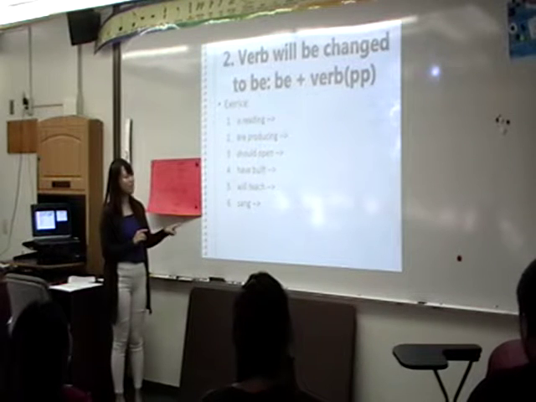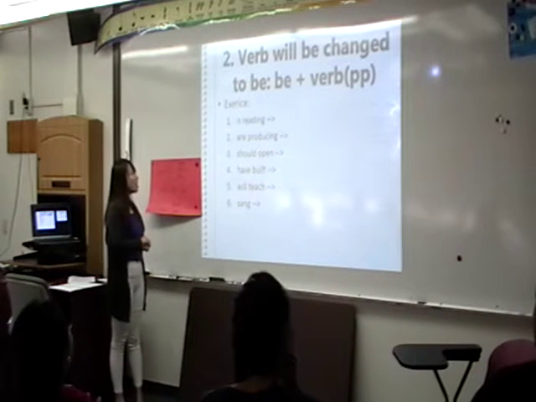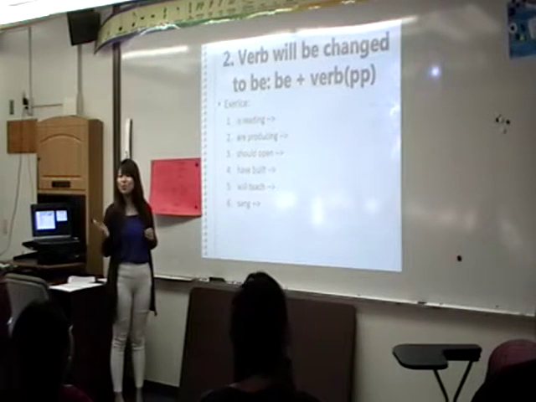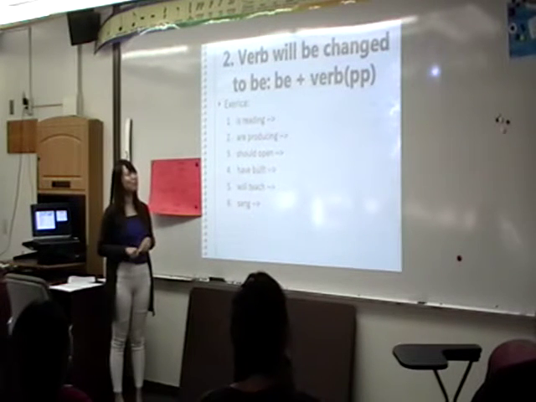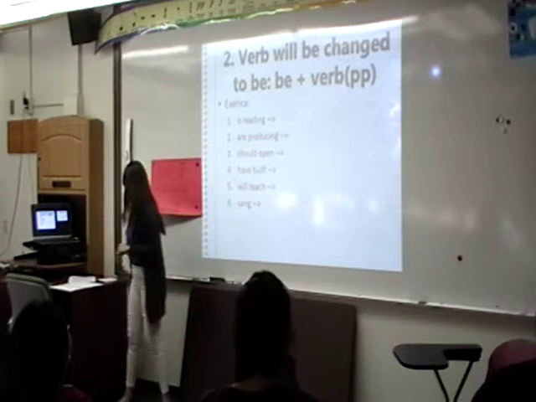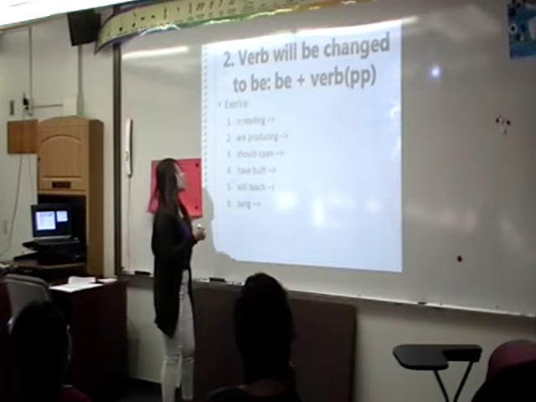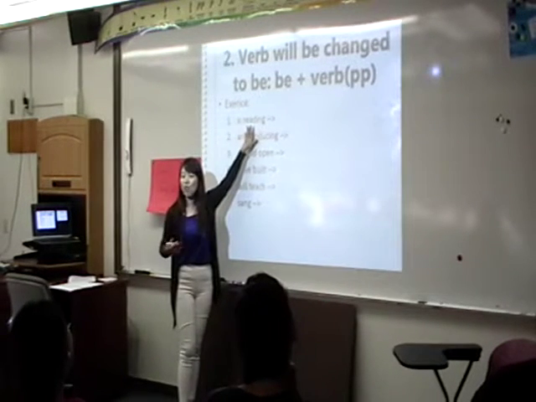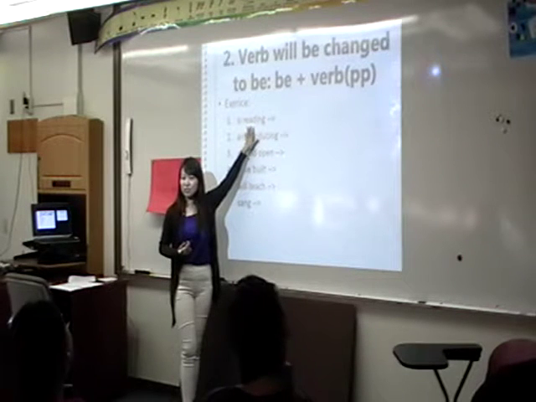I have 6 questions, but let's have some of you come up and do some exercise, okay? But I will do the first one as an example. So, is reading. If I want to change it to passive voice form, what do I do first?